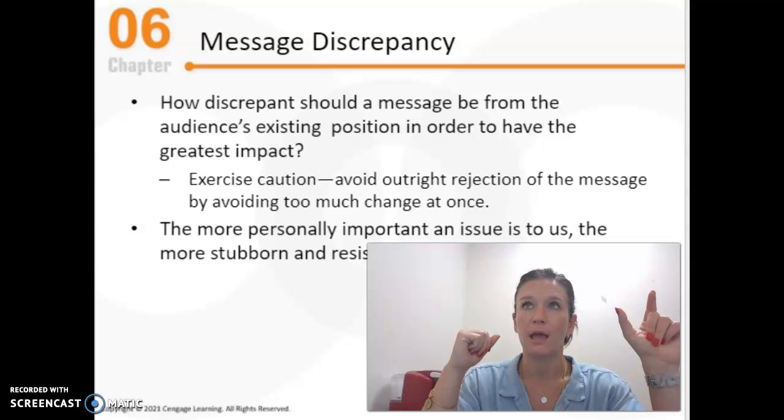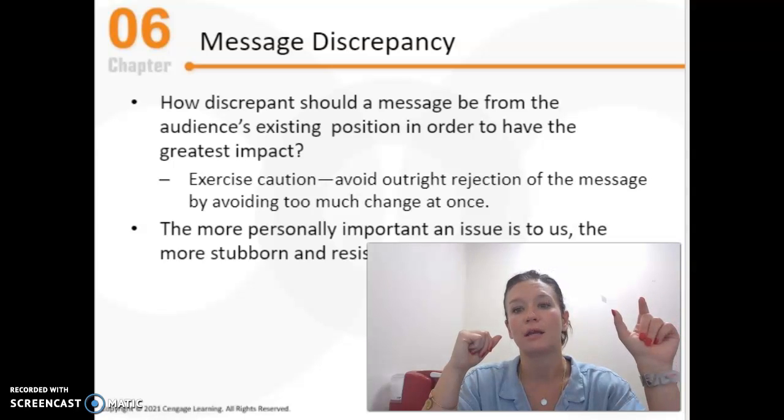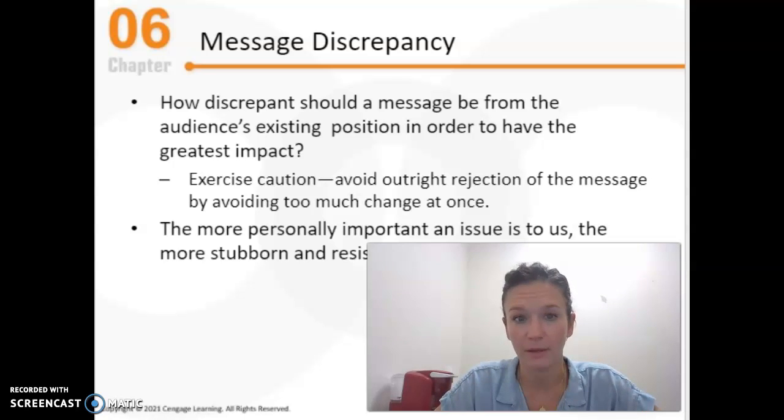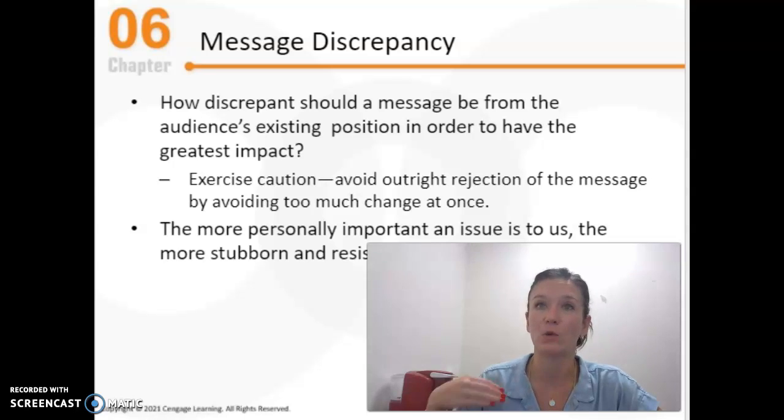To the best of your ability, try not to come across as abrasive or offensive. Some of us are just more abrasive and offensive in our manner. I can definitely be abrasive and offensive when I think something is important, right? But we need to temper what we say in order to be effective.